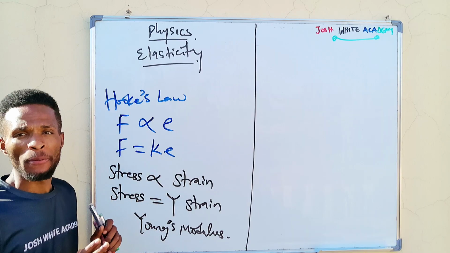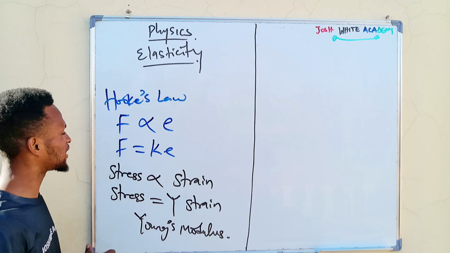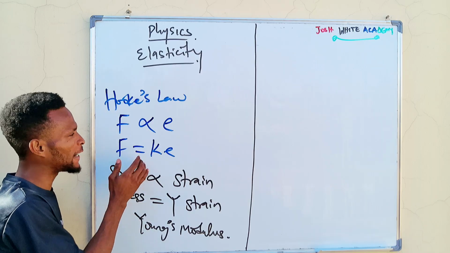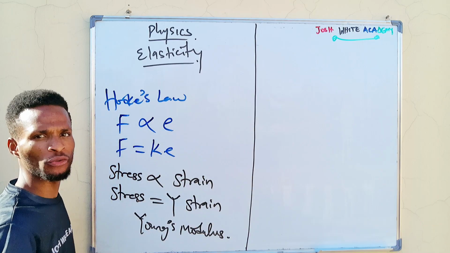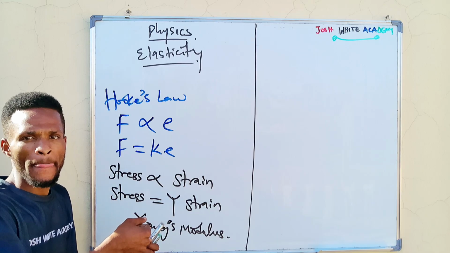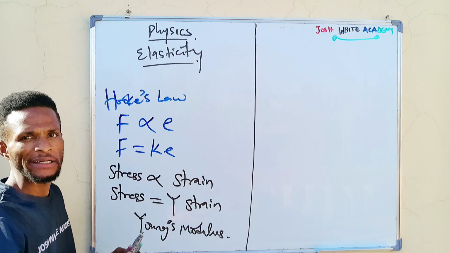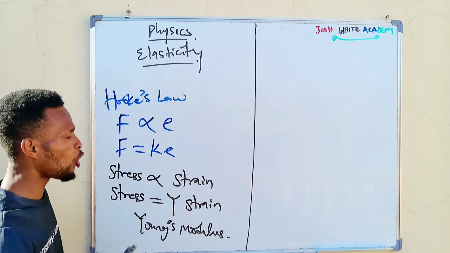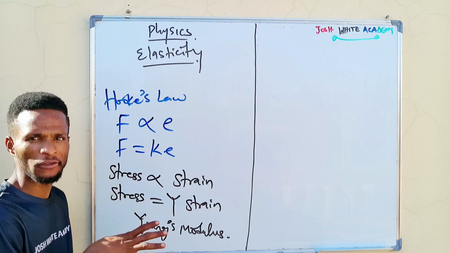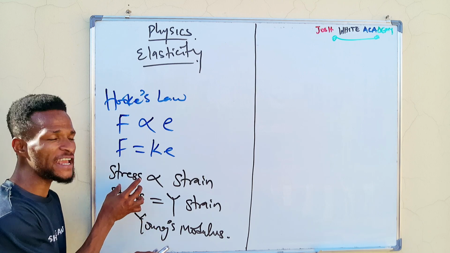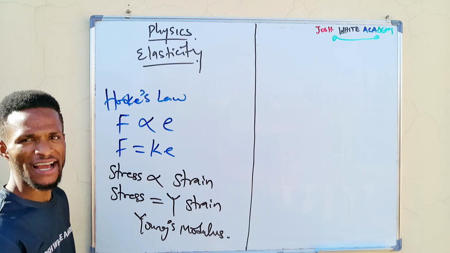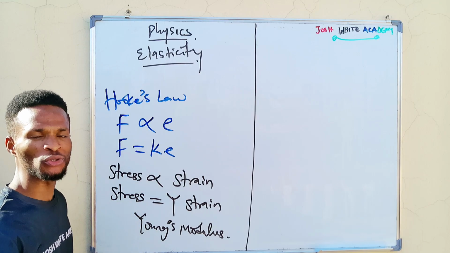Now, this law makes us understand that the more force that is applied on a material, the more the extension. So if I increase the force I am applying on an object, the more the compression or the extension of that material. And likewise, the more stress, the more force I apply to a specific area of the body, the more the body experiences an extension in relation to its original length.